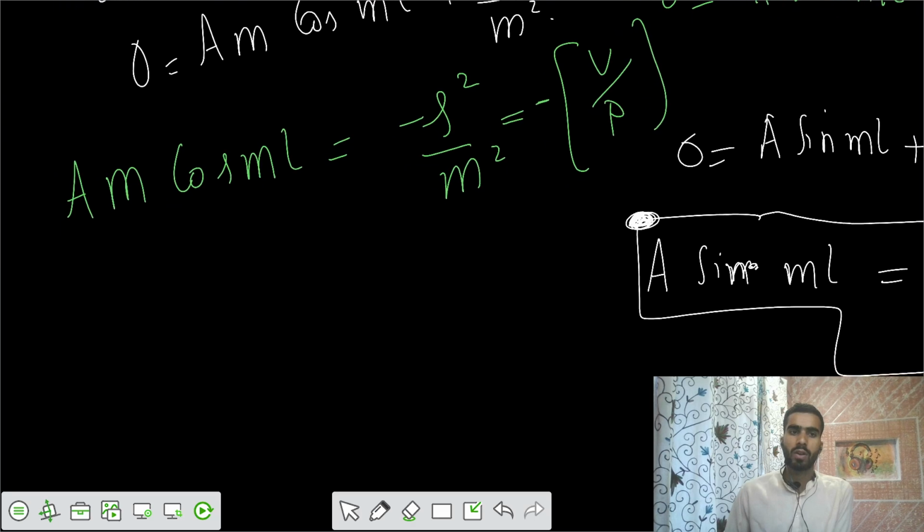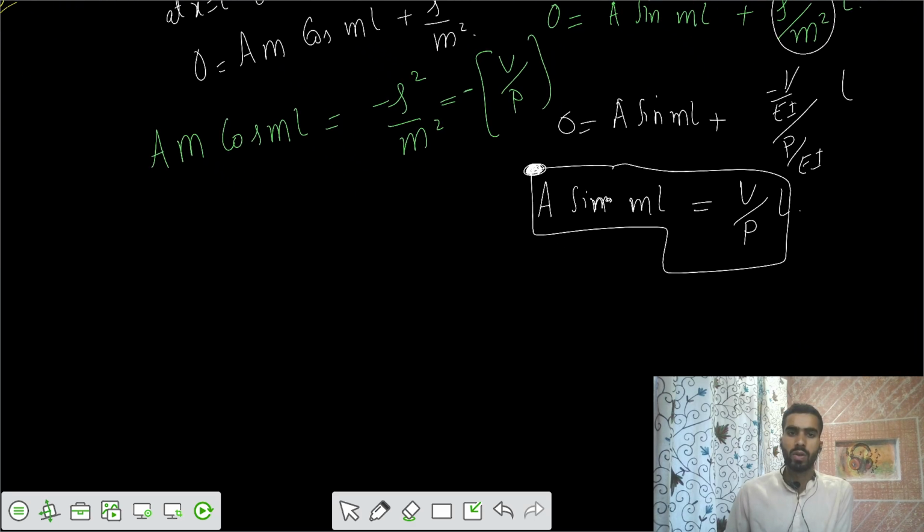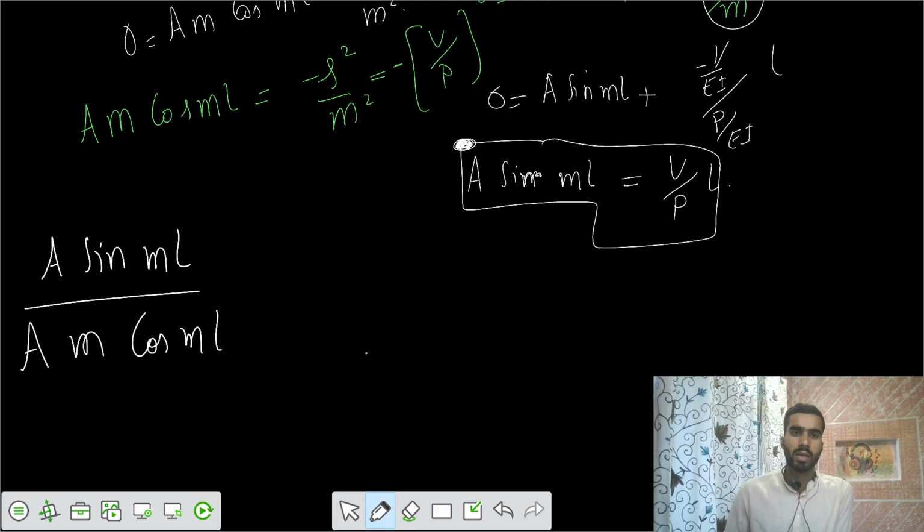So I got two equations in terms of sine and cos, and we have that v by p also. If I have these two equations, so if I say m sine ml by m cos of ml, that is equal to v by p. L is at the top, so vL by p, and from this side we have this one.